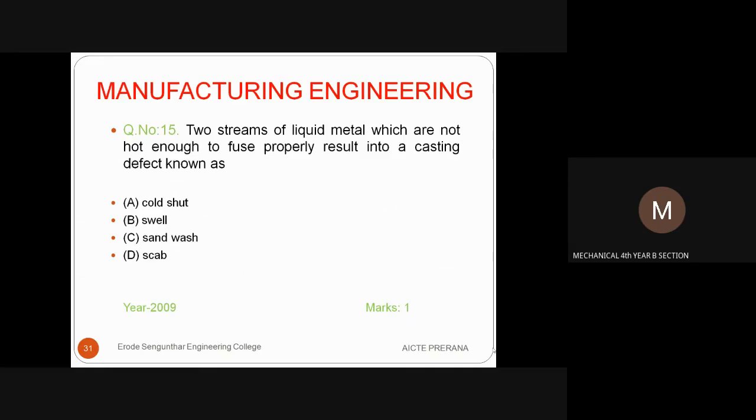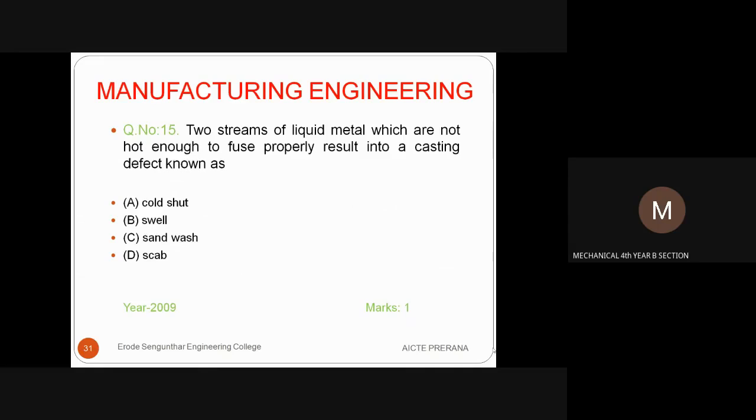At that particular meeting point, there will be a defect. In case you are not properly heating the metal, and not properly maintaining the temperature, the defect may occur. They are asking what type of defect can occur at that particular point. So let us see the answer. But before that, we have to note this point.